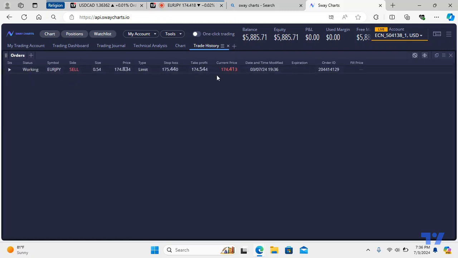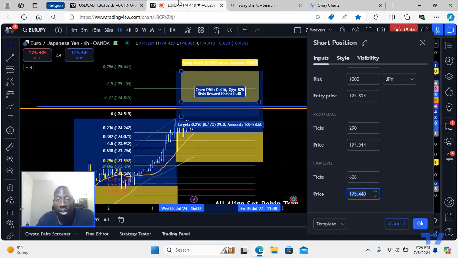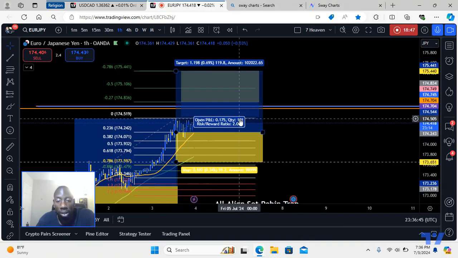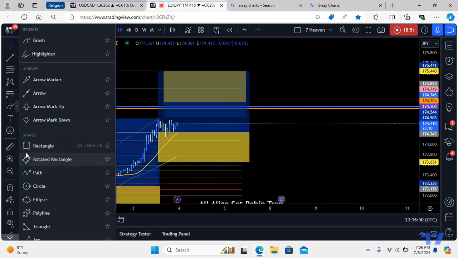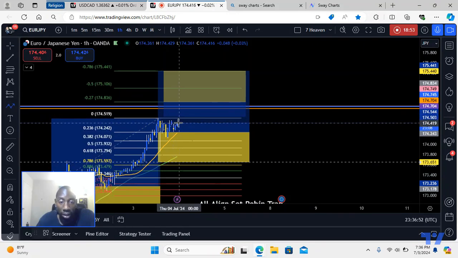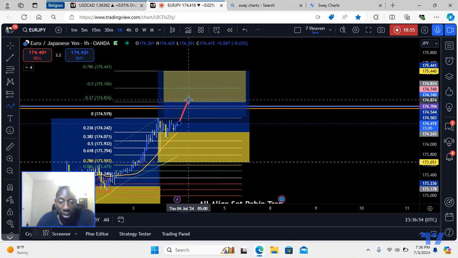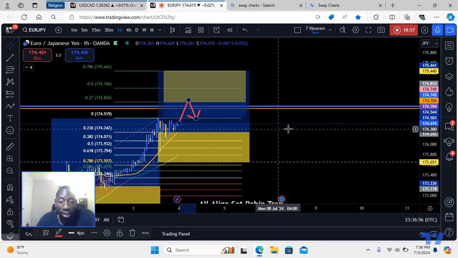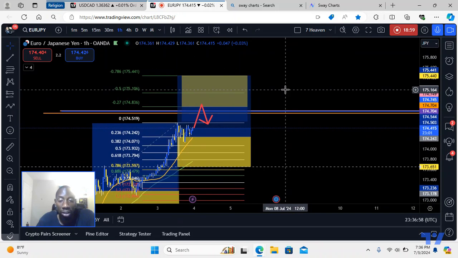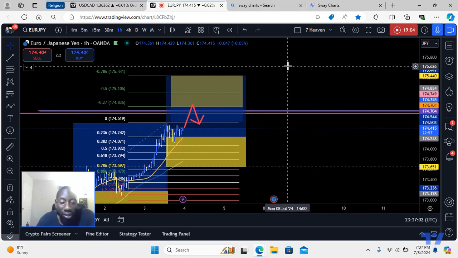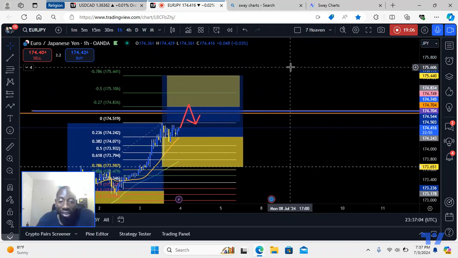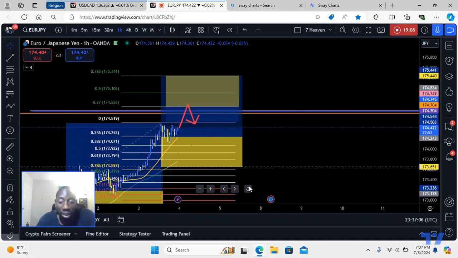Boom. Ready to roll. It's triggered when we get up to here. So we have to wait till price comes to here, and then we look to go down here and be out with $100. And that is how I trade this pair, right?